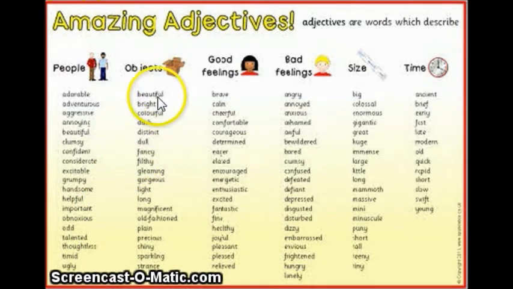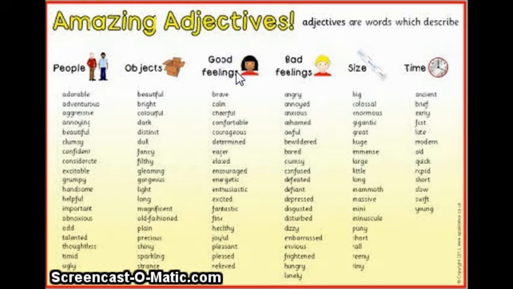For example, we can say that a house is beautiful, that a piece of clothing is fancy, that a building is gorgeous, that someone's pet is precious. You count it.